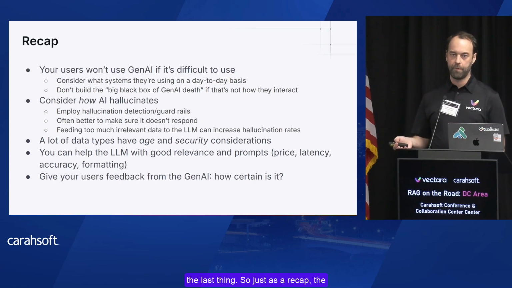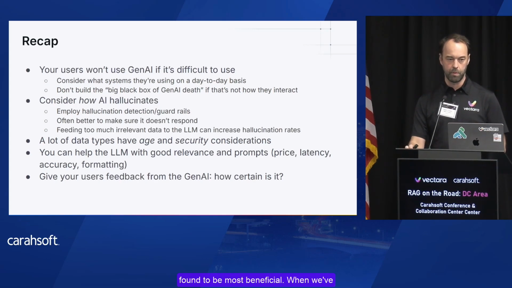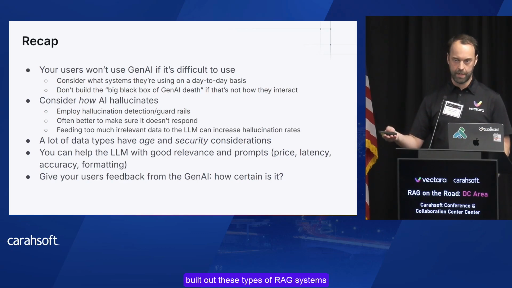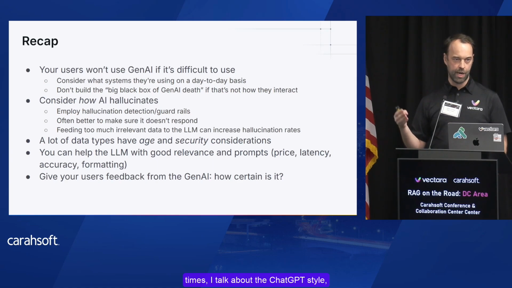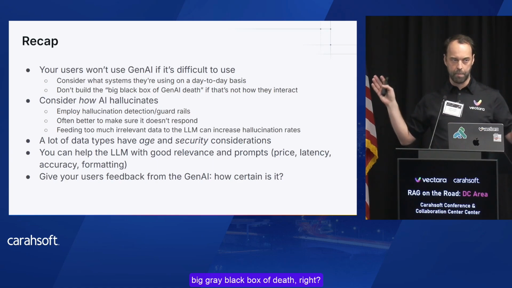Just as a recap, the set of things that we found to be most beneficial when we've built out these types of RAG systems ourselves, and talked to a number of customers and prospects about, is that often your users won't use GenAI if it's too difficult to use. A lot of times, I talk about the ChatGPT-style big gray black box of death.